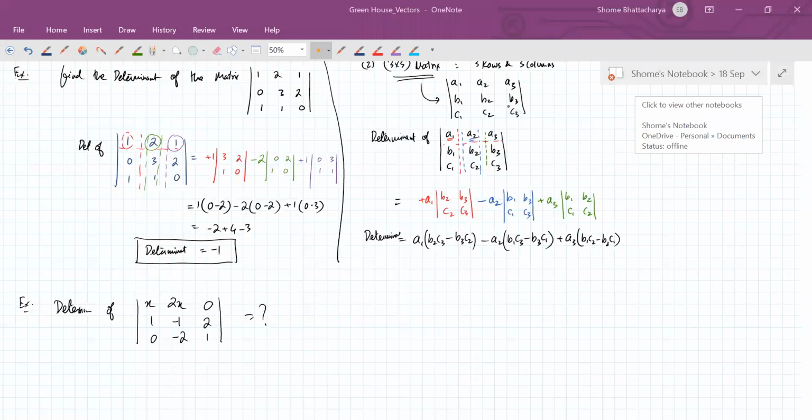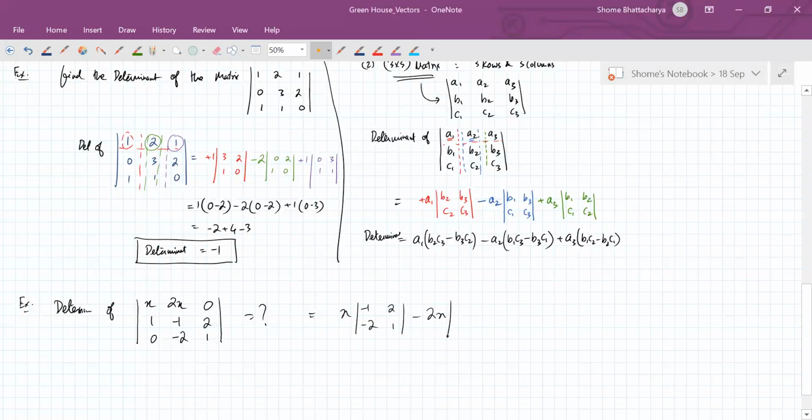Okay, so the answer is coming out to be how much? Let's work this out. So it's equal to x multiplied by this matrix. Okay. Then minus 2x multiplied with this matrix. Yeah, I'll just check your answers, people. Then the last term is 0, so it doesn't matter.